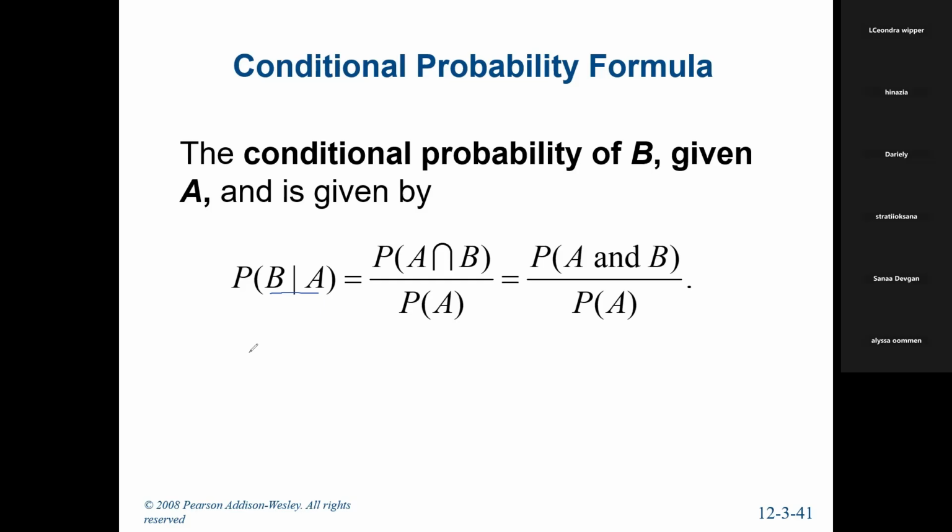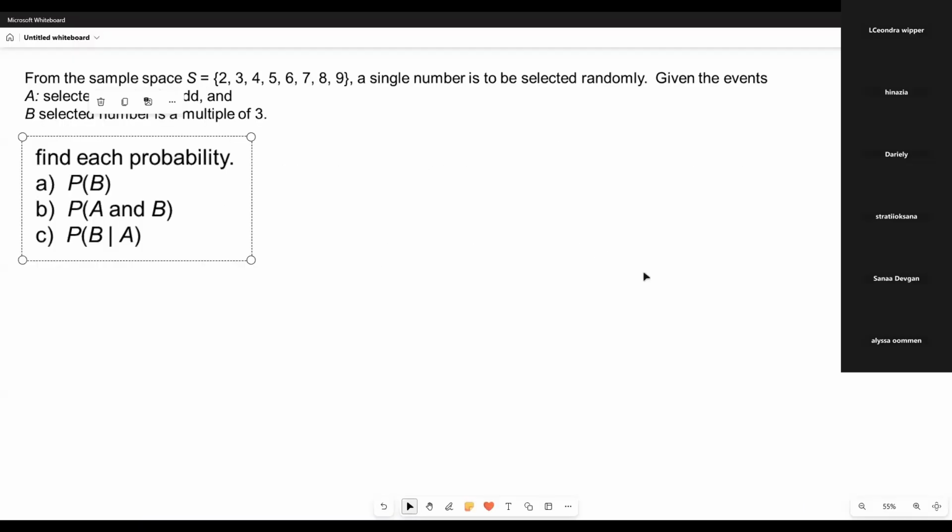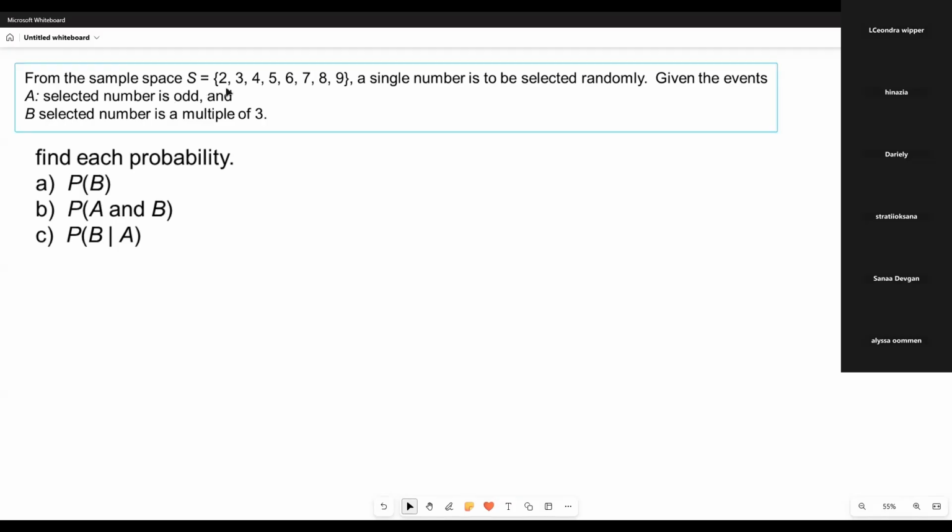Are you done? Yes. Okay. I'm gonna solve a few problems here. From the sample space S, 2, 3, 4, 5, 6, 8, and 9, a single number is to be selected randomly.